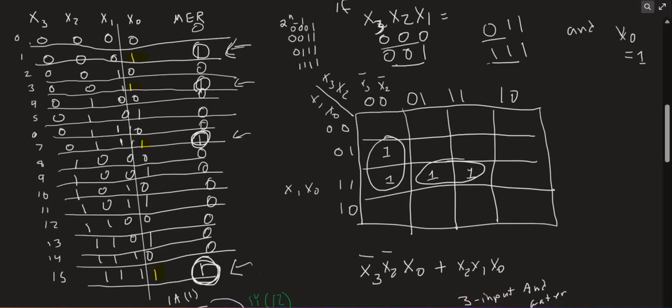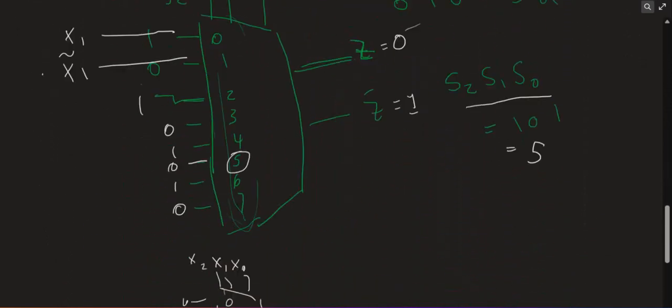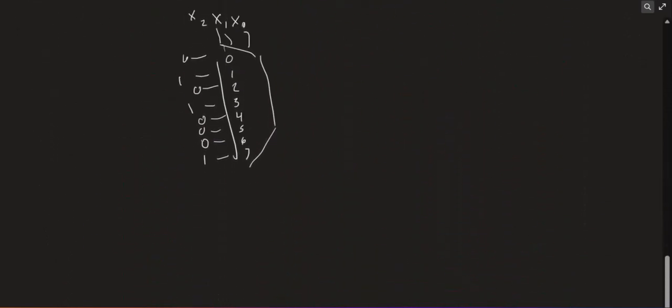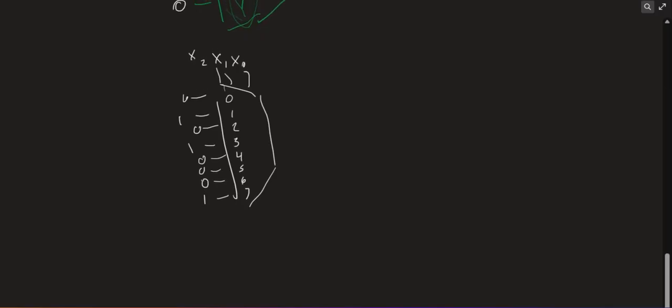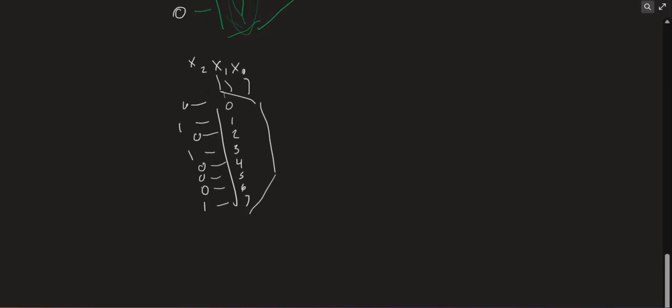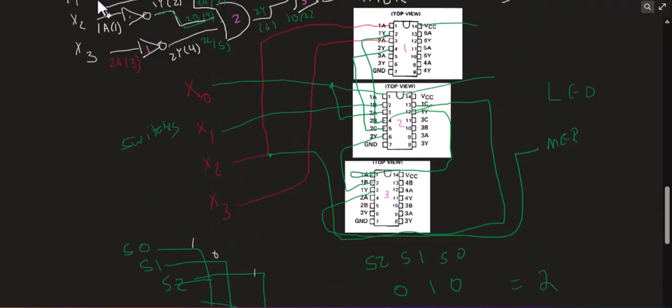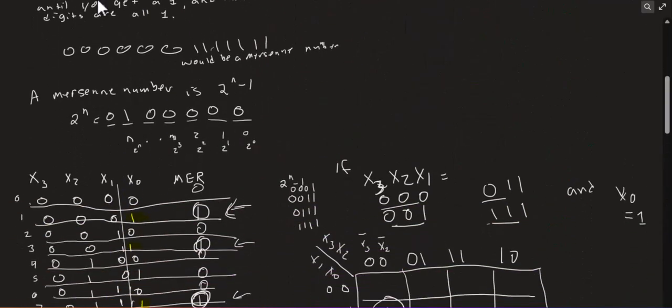So this is what I am proposing. I am proposing that we use our multiplexer like this, and our inputs are going to be x3, x2, x1, and I said we had 0, 0, 0.